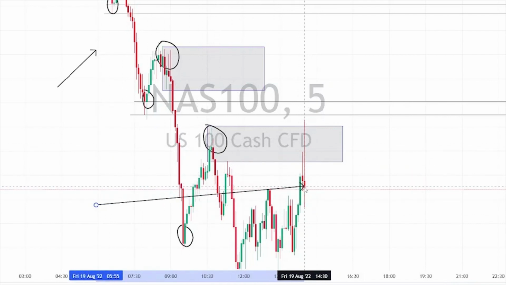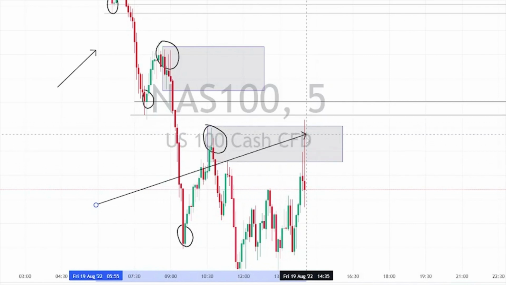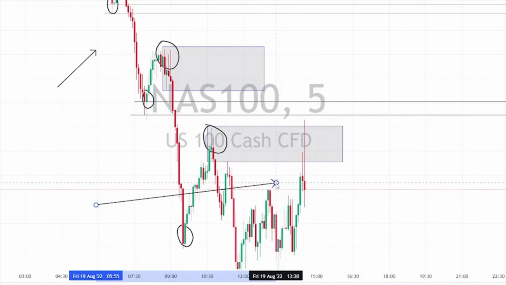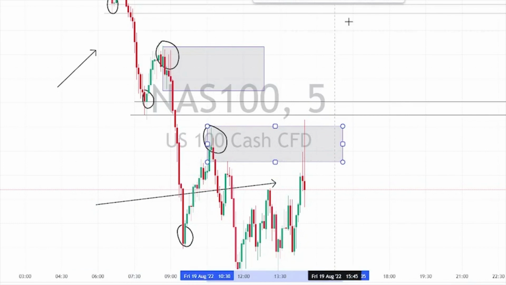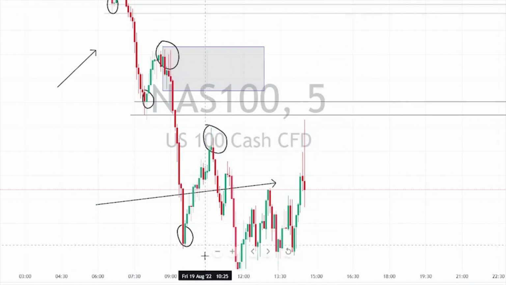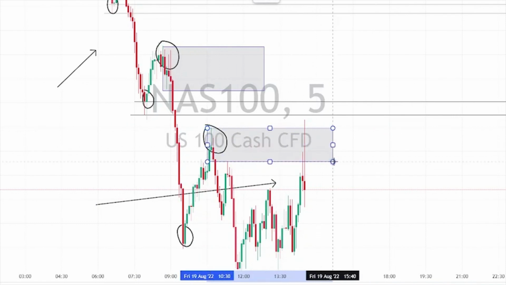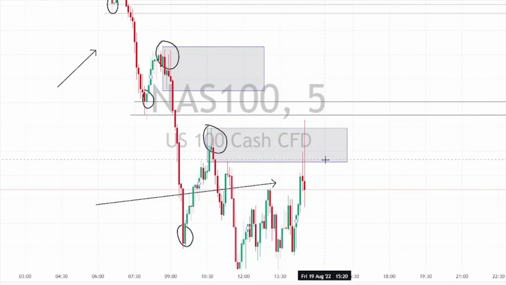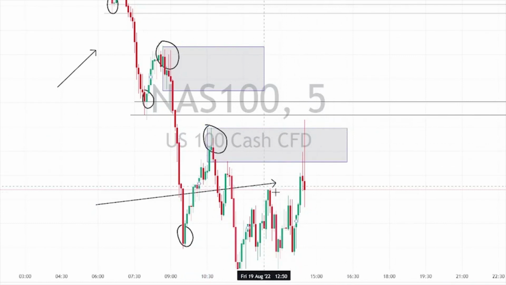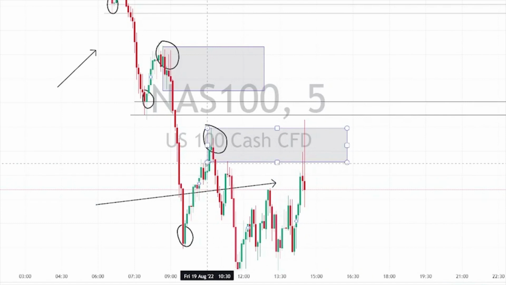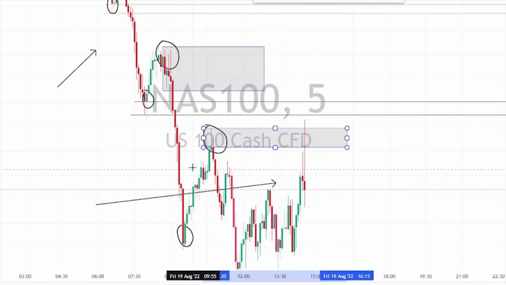So since the supply is no longer valid, you can use it as a resistance.